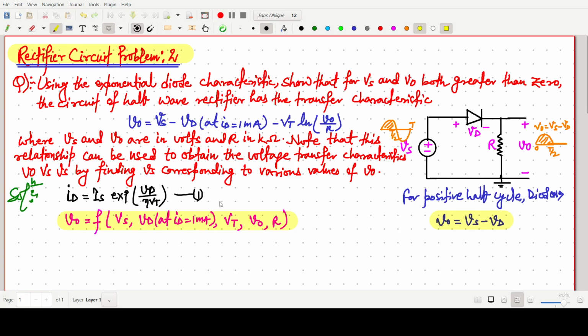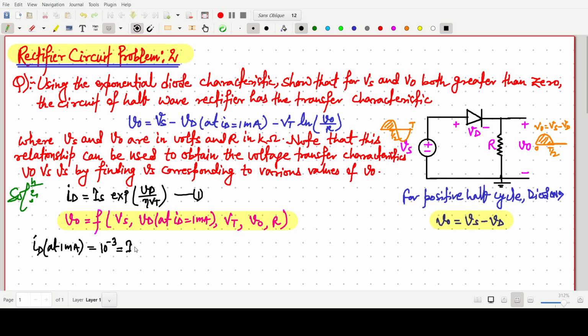So for the Id expression, here they have used Id at 1 milliampere. One equation is this: Id equals Is exp Vd by eta Vt. Now we start with Id at 1 milliampere, which is simply 10 to the power minus 3 ampere.